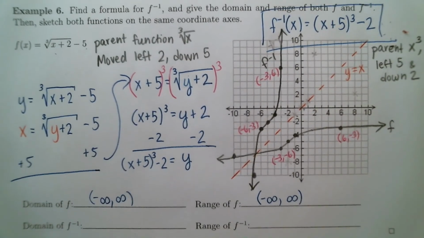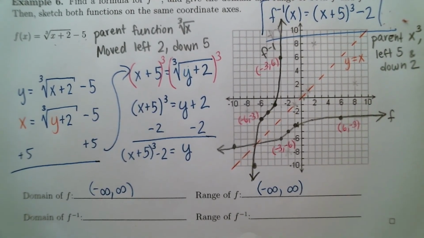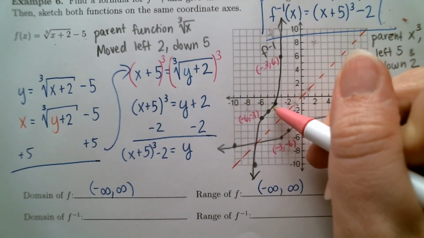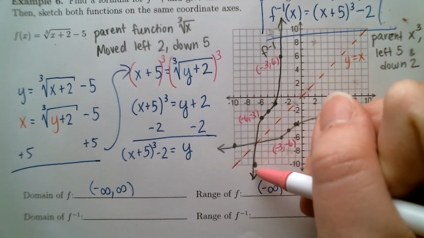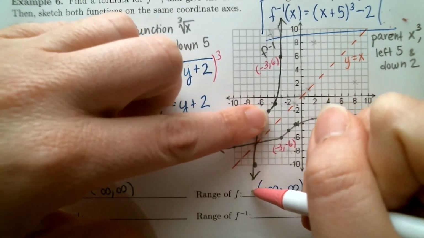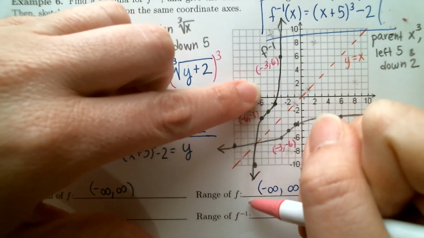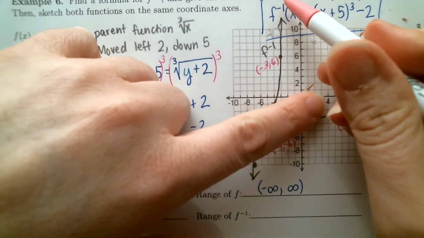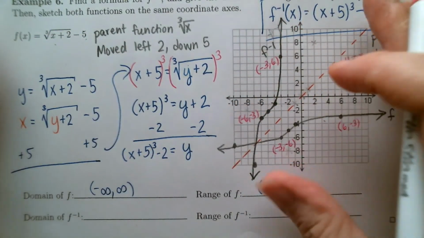Last thing we're going to do is write down our domain and range of the inverse. You can look at the graph. It's a very steep decline, but it does go down forever, and that corresponds to these x values, and it does go up forever. That corresponds to these x values.